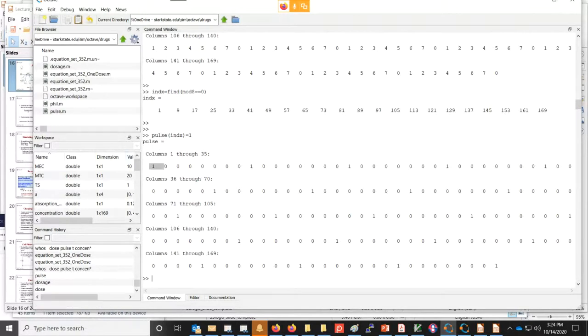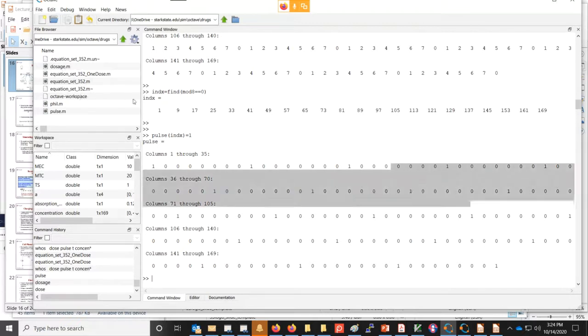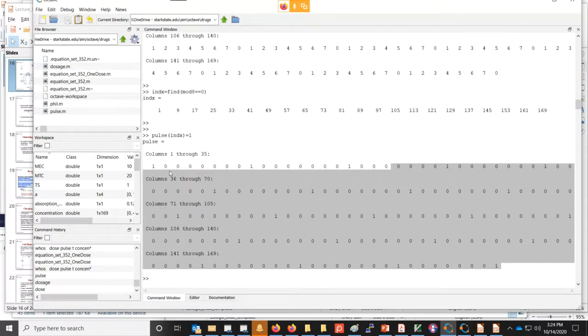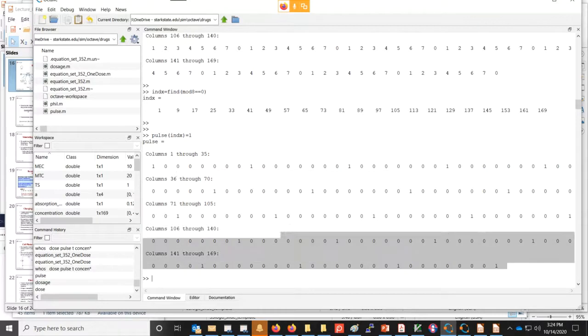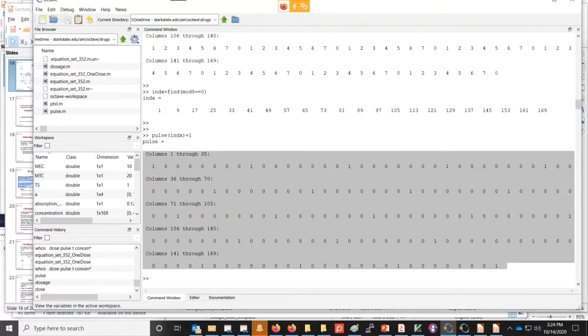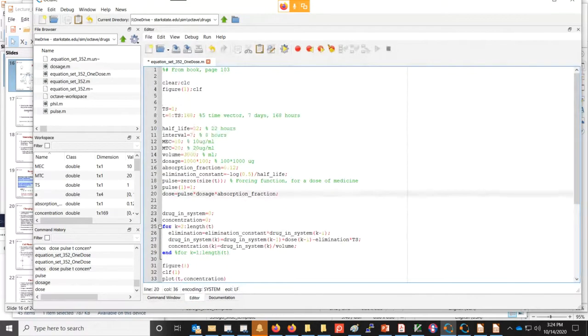And so at 1, 9, 17, 25, 33, and so on, every multiple of 8, I have a 1. The rest of the time, I'm not taking the drug, so there's zeros. And these are the inputs. This is going to be my input into the system at every 8 hours. So, like clockwork, every 8 hours, I'm going to take another dose. So we need to put that into our code now.